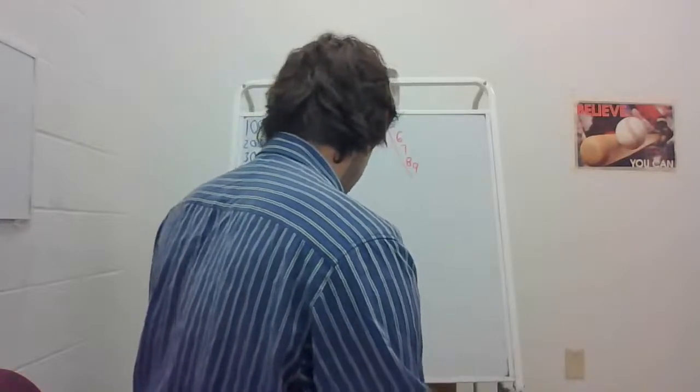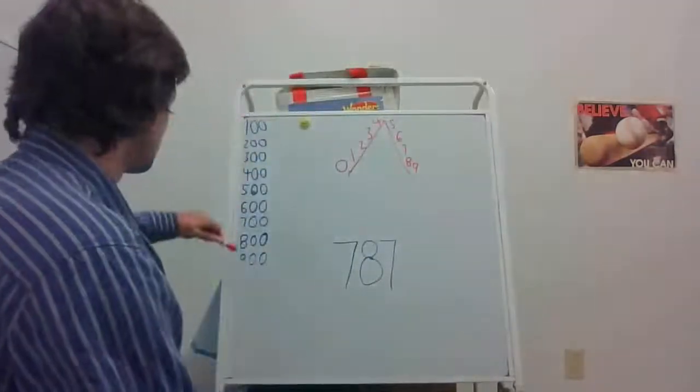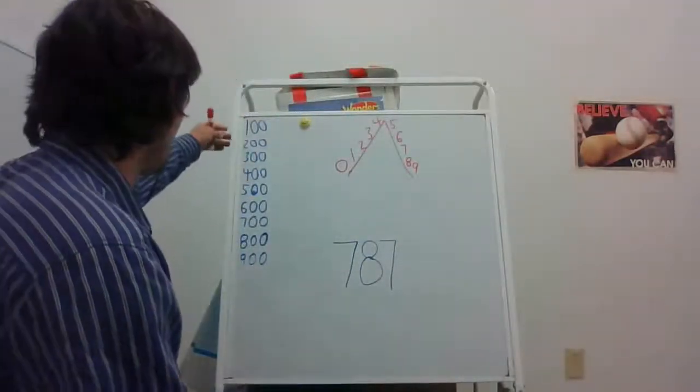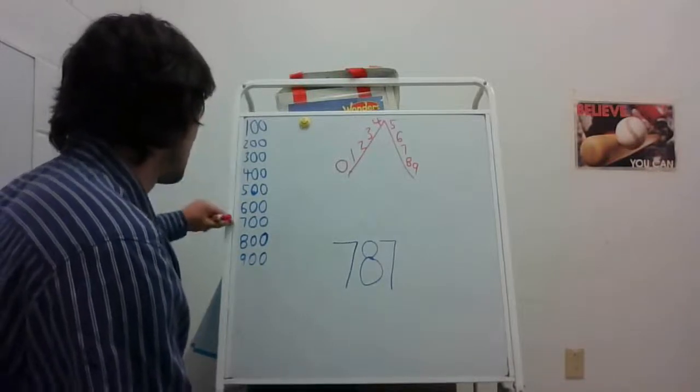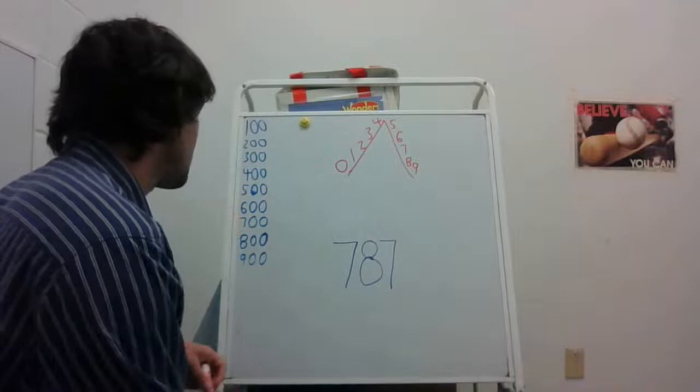787. Looking at all the hundreds, if we're rounding to the nearest hundred, 787 falls in between 700 and 800.